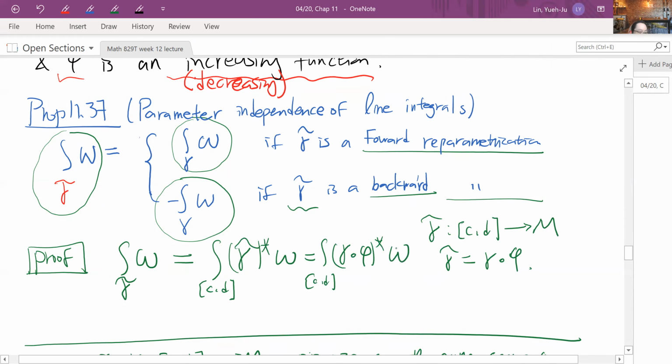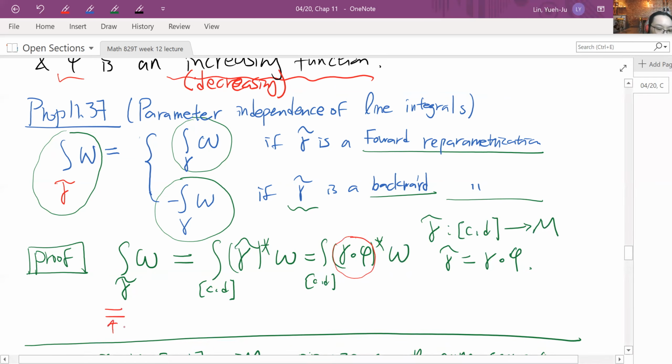And here I need to use something that I didn't really justify before, but this is easy to justify. I'm using this property of the pullback of a composition of maps. This is a little bit different than push forward, right? Push forward comes from the differential. So if you have F composed with G and you do the push forward, you can directly do dF composed with dG. But for pullback, it's reversed.